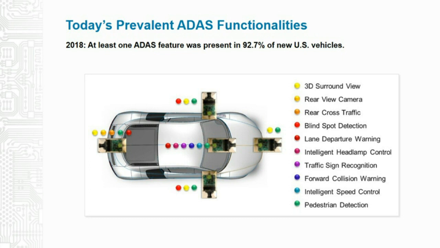Let me take a second to explain what intelligent headlamp control is, because you might not be aware of that. That's controlling the beam of light at night that comes from the car so it doesn't blind the driver coming at the car in the other direction. Now, that's different from high and low beam, because high and low beam essentially just changes the intensity of the beam, but not the direction the beam is going.